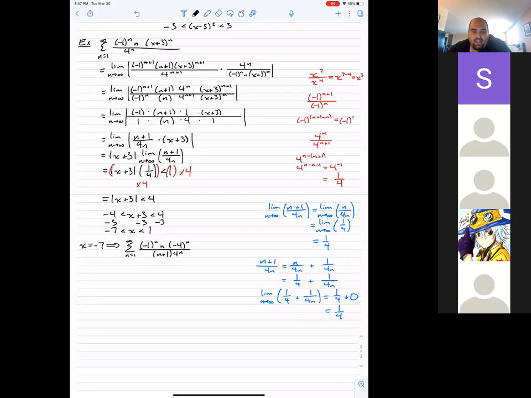So how do I tell if this thing converges or diverges? Would we do another ratio test?